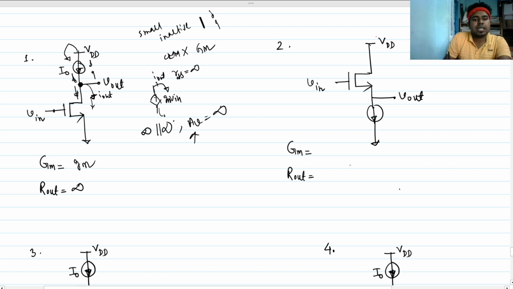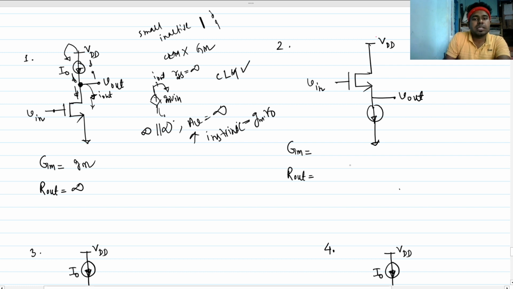Because the transistor can have a maximum gain of its intrinsic gain, and this is nothing but gm into r naught of this device. So we have to consider channel length modulation here to find the output impedance.